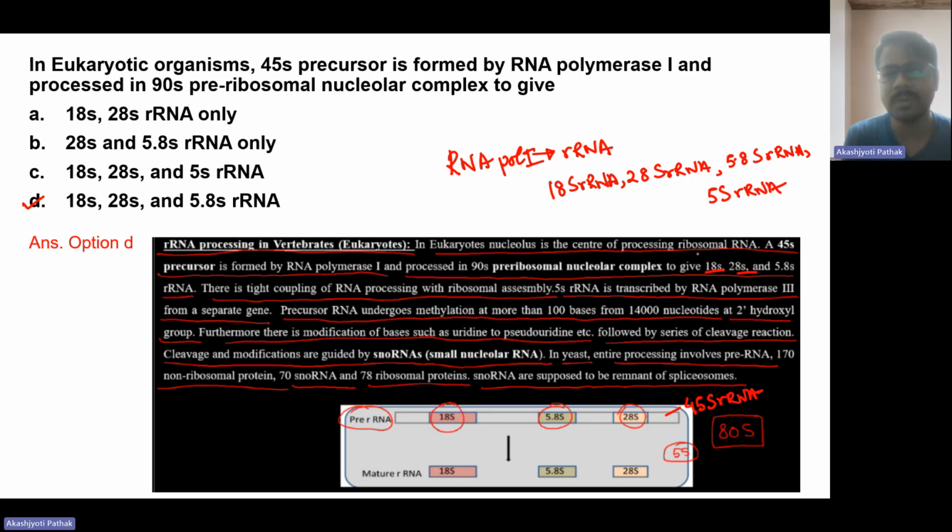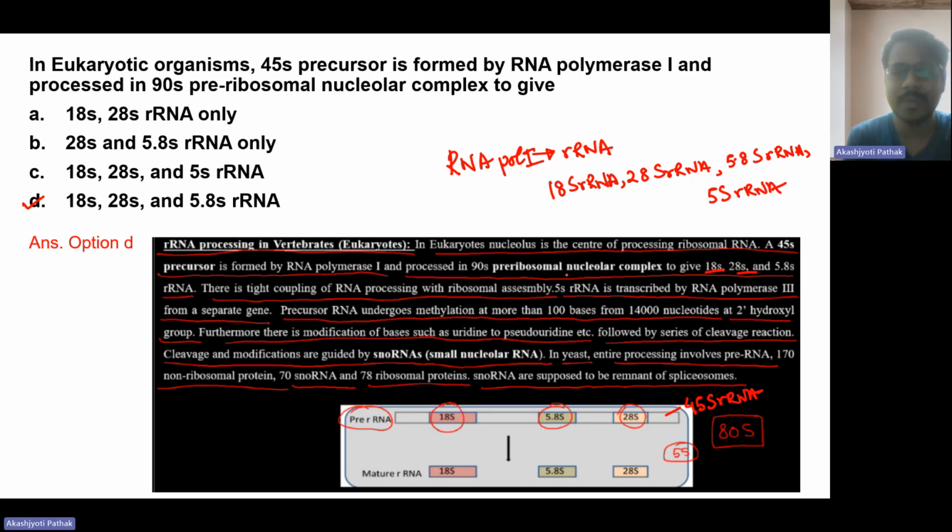RNA polymerase 3 transcribes tRNA as well as 5S rRNA.